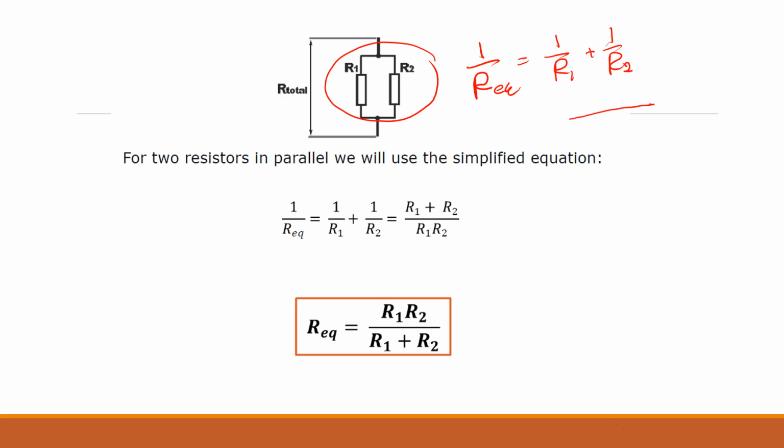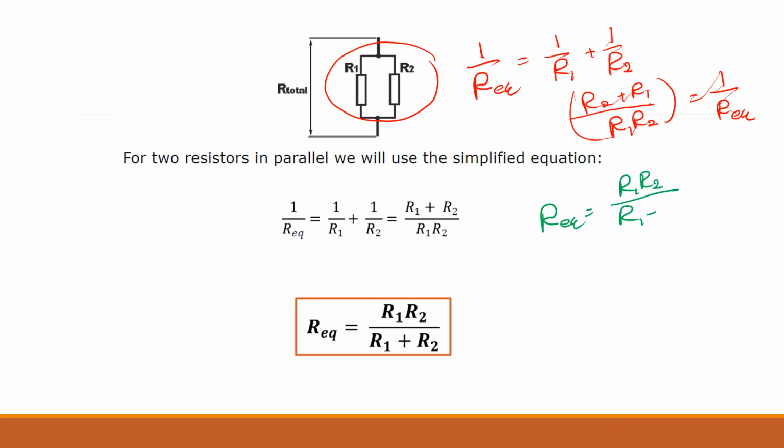The common denominator will be R1 R2, and we can say (R2 plus R1) over R1 R2. So this is equal to 1 over REQ. Now if you flip it upside down to find REQ, that will be R1 times R2 divided by R1 plus R2. We will be using this frequently when we analyze circuits.